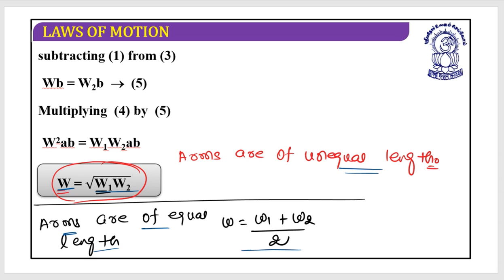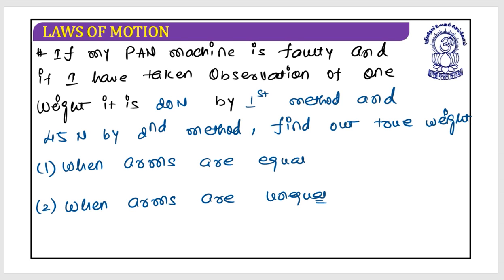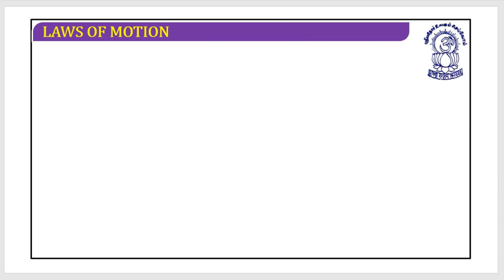So let's calculate. In the first case, when arms are of equal length, W = (W1 + W2) / 2.